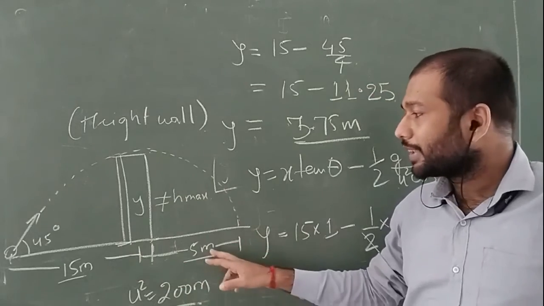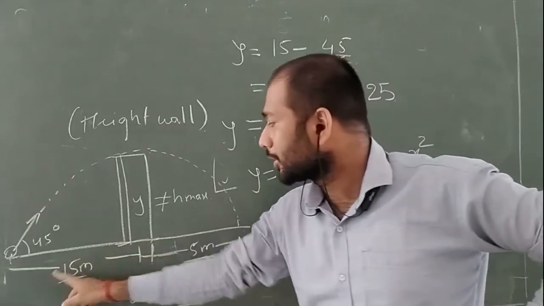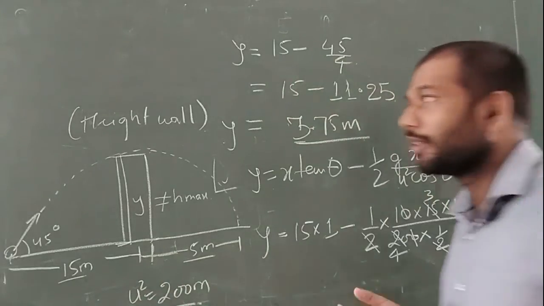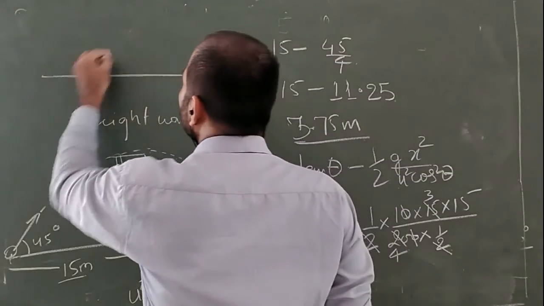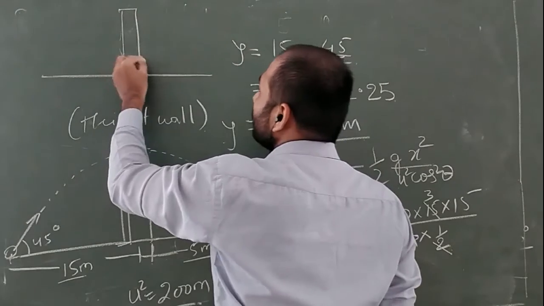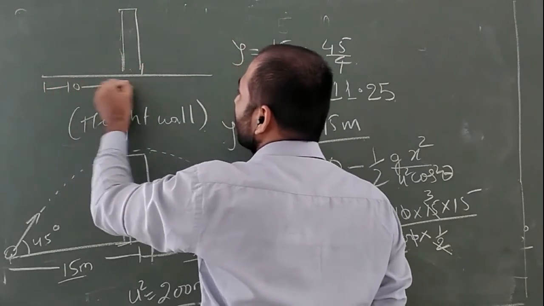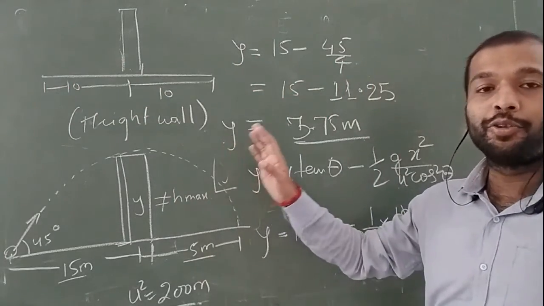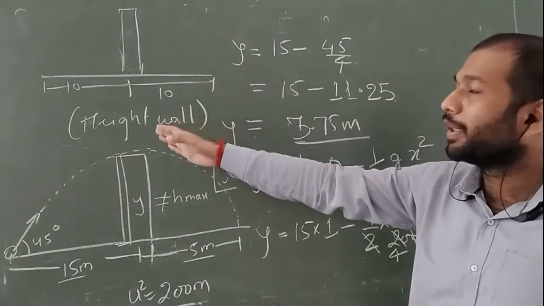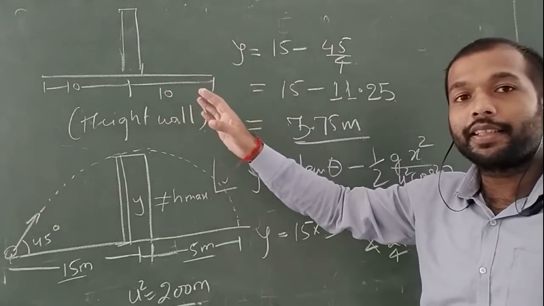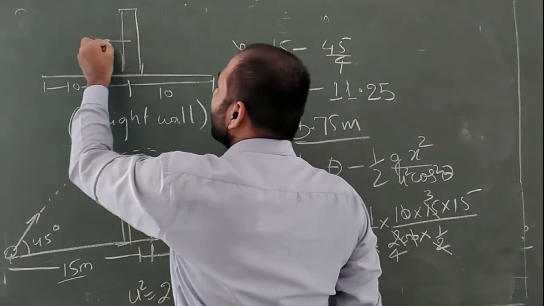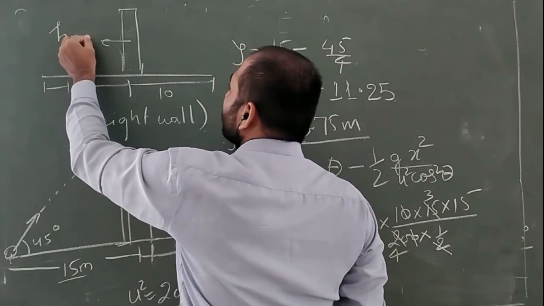But if I say the total distance is 20 meter, and let's change the question. If I just change the question, and it is said that on the left hand side it is 10 meter, and on the right hand side it is 10 meter. In that case you can see that it is just at the mid of the range, and you can assume that this vertical height of the wall can be taken as the h max.